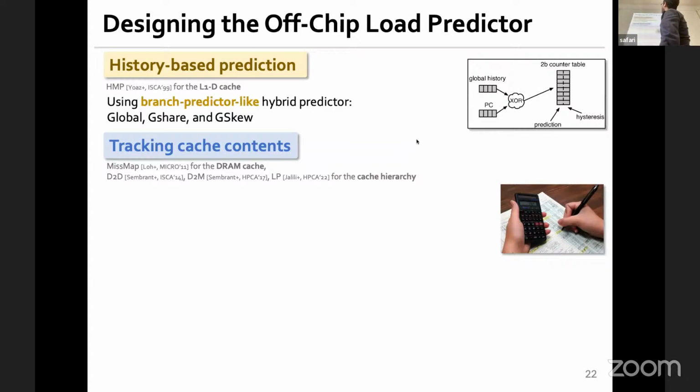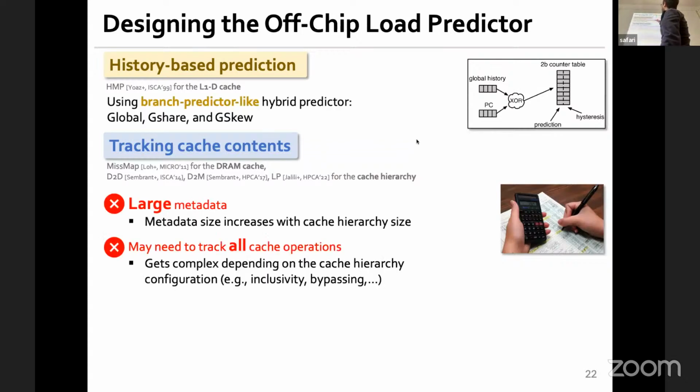History-based prediction uses a branch predictor-like structure, and the tracking-based mechanism also has some problems. The problem is that you require a large amount of metadata for this sort of tracking. The bigger the cache sizes get, the more your metadata size increases. So you have reformulated the same problem into a different aspect, but the core of the problem stays the same: if your cache size is increasing, then metadata would also increase.